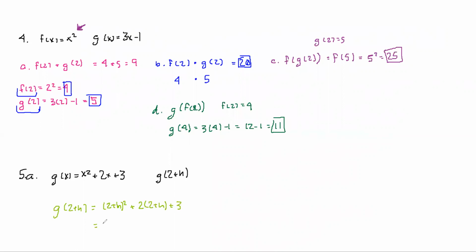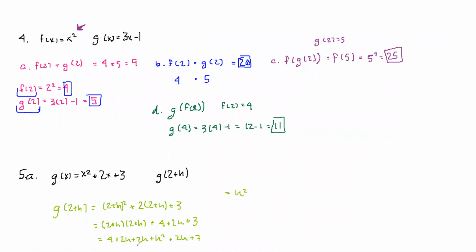So I'm going to separate this out. This is 2 plus h times 2 plus h, plus 4 plus 2h, plus 3. So this is 4 plus 2h plus 2h plus h squared, plus 2h plus 7, which is equal to h squared.